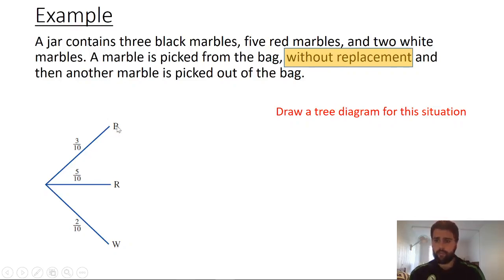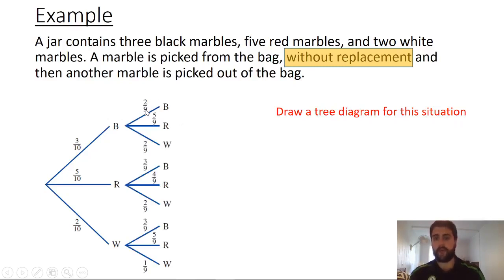So if we were to pull a black marble out, there's only going to be 2 black marbles remaining in the bag. We started with 3, there's only going to be 2 remaining, and there's going to be 9 in total, so the probability of getting another black is going to be 2 out of 9.